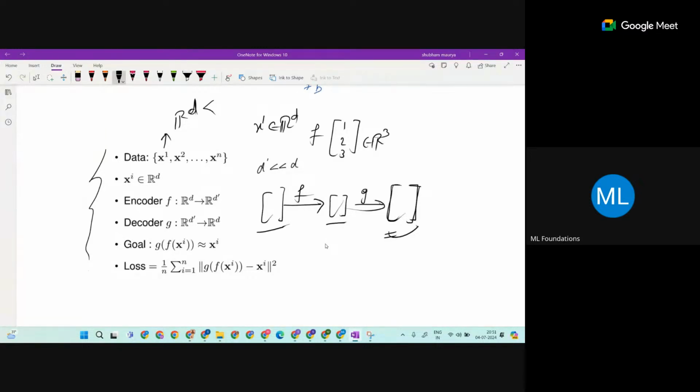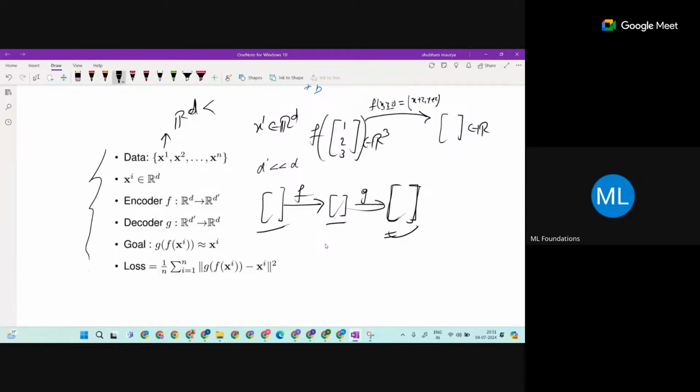I apply some function on this vector, generally a linear transformation, and it will be in 2 dimensions only. The input is in 3 dimensions, but the output we can write as (x + z, y + z).